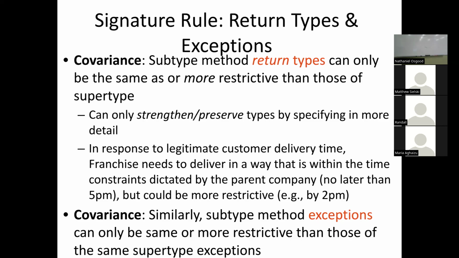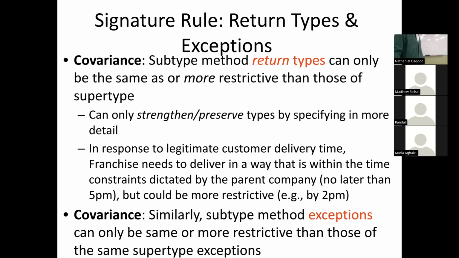One fast sleigh, I'll tell you that. NORAD tracks it. Or I'll deliver it by 10 p.m. on the mark, on the nose. We can be more specific about the return type of a subtype. You get that?